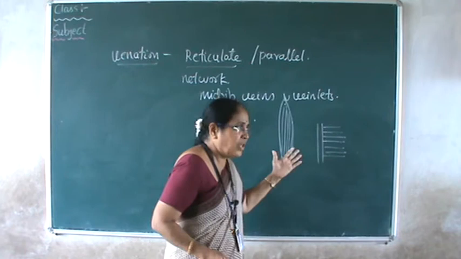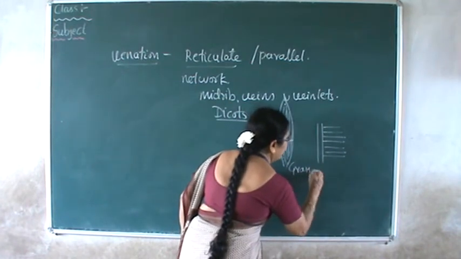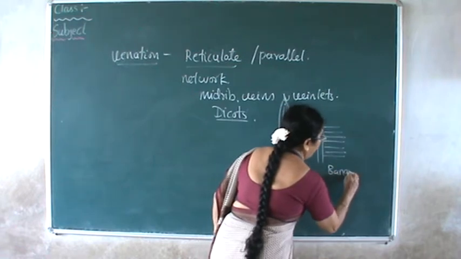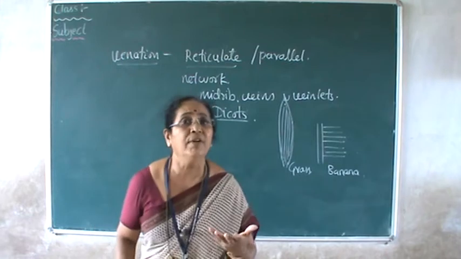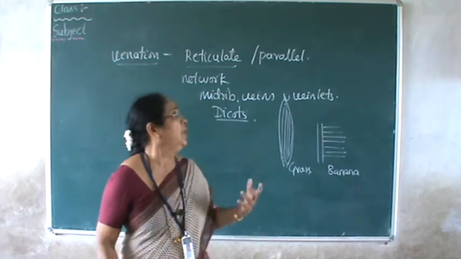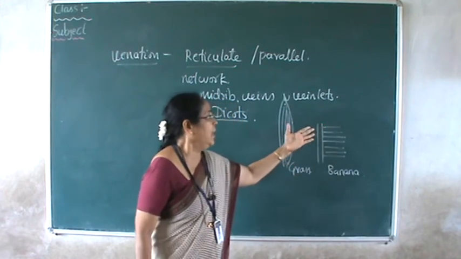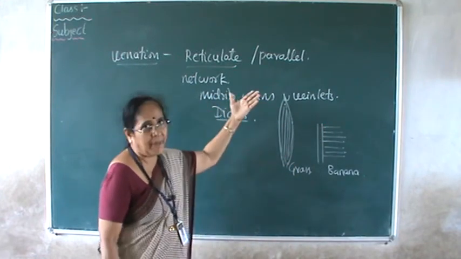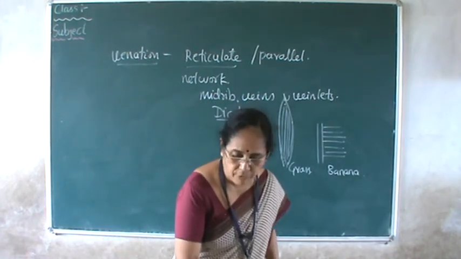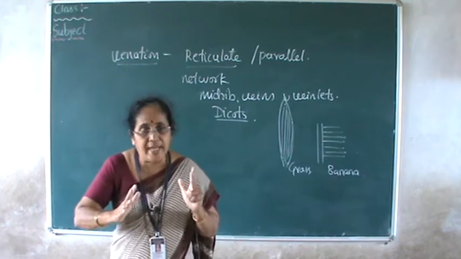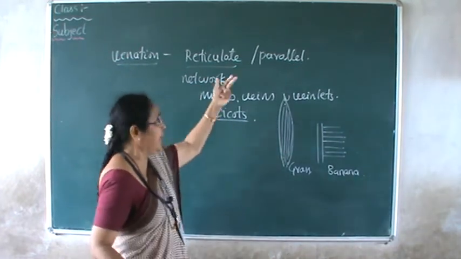All monocots, such as canna leaf or grass leaf, show this. In both cases the veins run parallel to each other. They never form a network-like system, so it is simply called parallel venation. All monocots have parallel venation, and all dicots are characterized by the reticulate kind of venation. And the question arises, in both cases there are different kinds, even in reticulate as well as parallel.